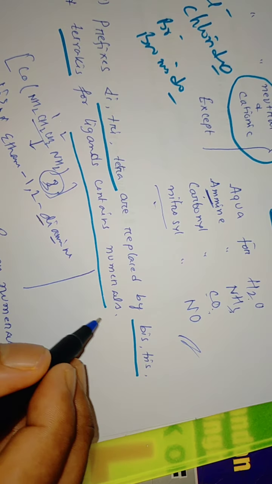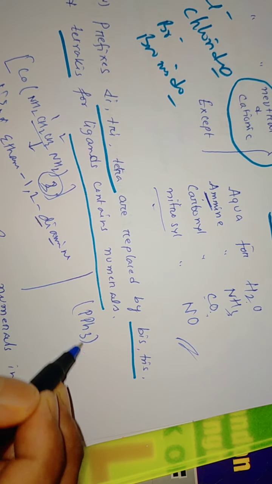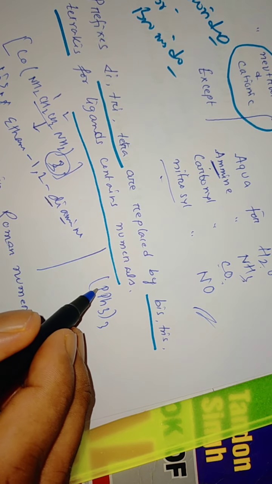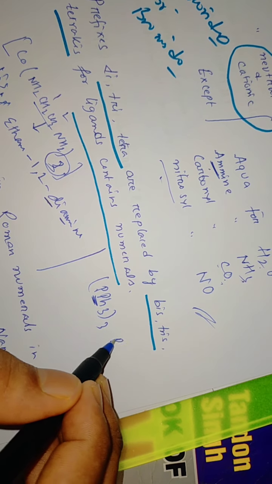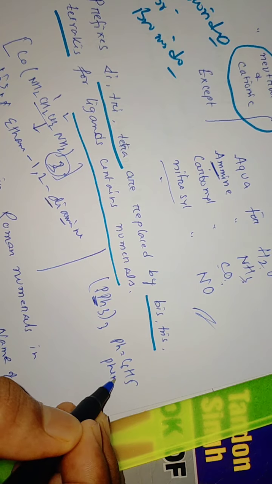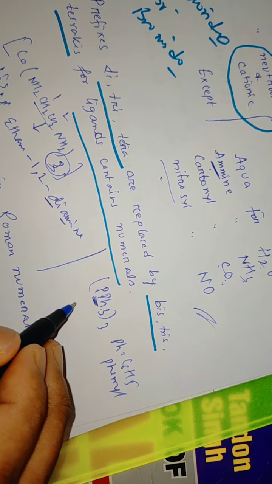Another complex like that, PPh3 thrice. If any complex contains this one, so Ph stands for what, student? C6H5. This group is phenyl. So how many phenyl? 3 phenyl.